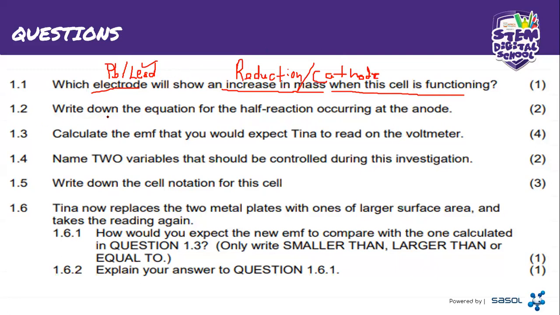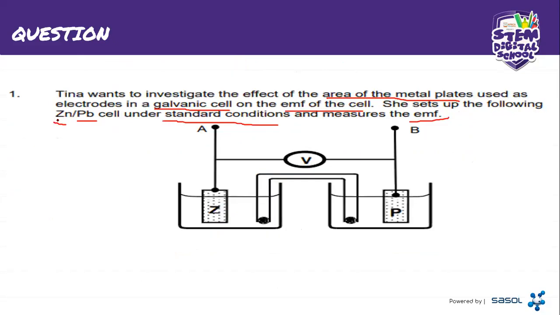Then we must write down the equation for the half reaction occurring at the anode. You will remember our code, anox. Anox means oxidation occurs at the anode. Then we must go and check which substance is undergoing oxidation. So we have already learned that this galvanic cell is made up of zinc and lead.